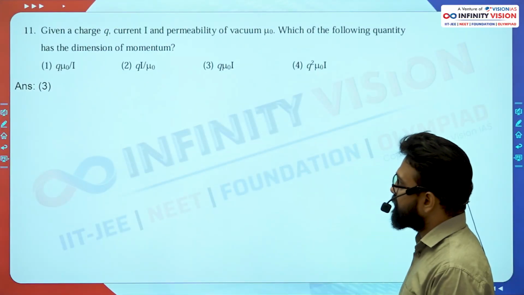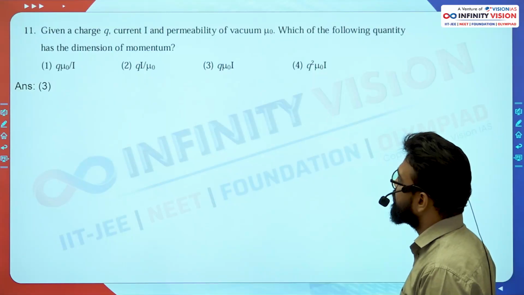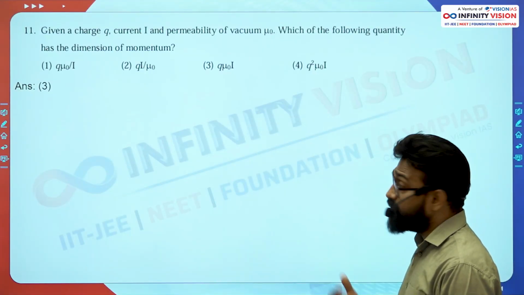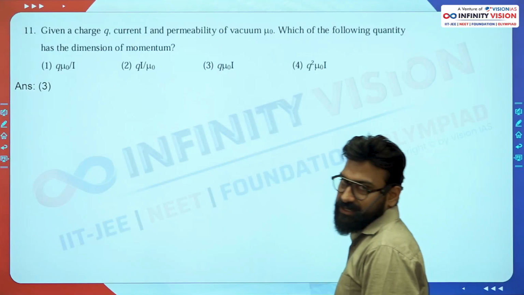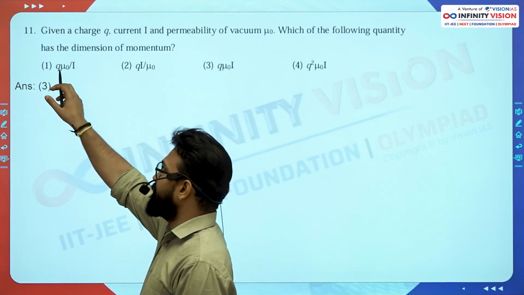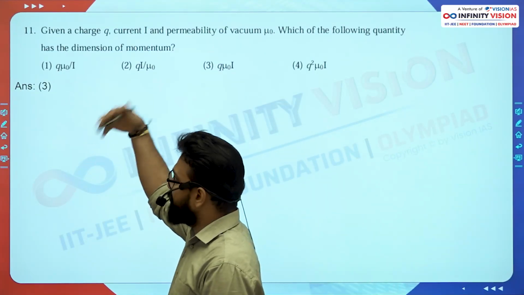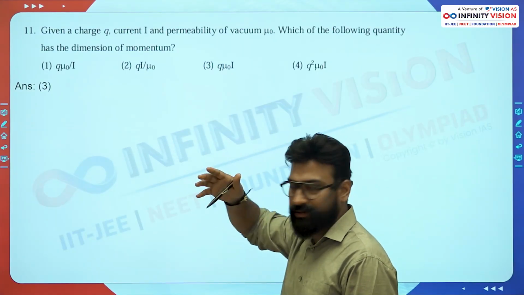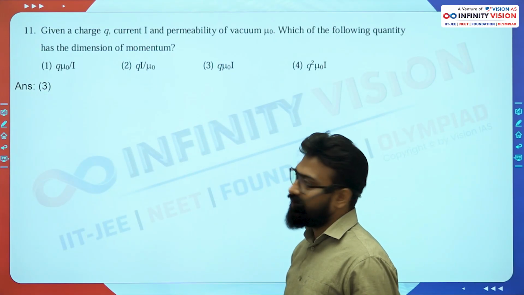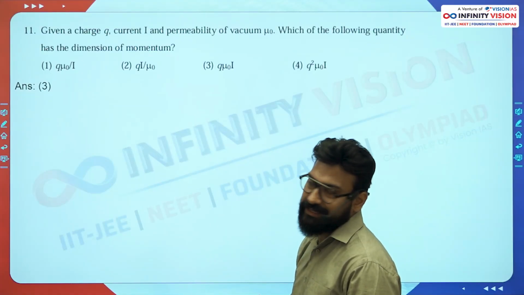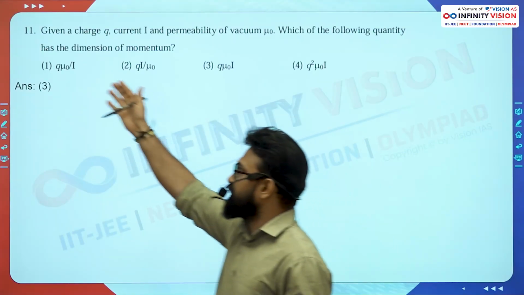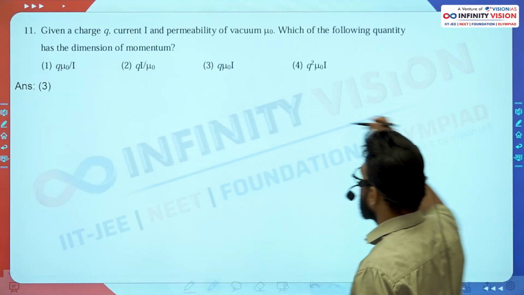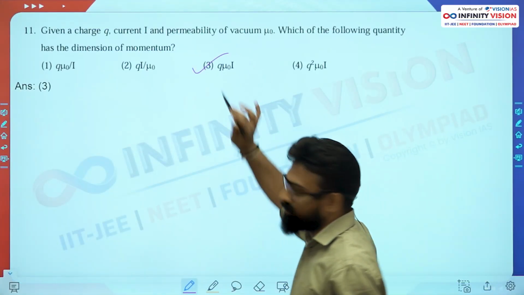Next, given a charge Q, the current I and permeability mu naught, which of the following quantities has the dimension of momentum? First of all, you have to check it. You just put the dimensions of Q, mu naught and I one by one and check whether you are getting the dimension of momentum or not. You have to do this question by checking the dimensions only. By checking each, you will find the one matching momentum is the third one.